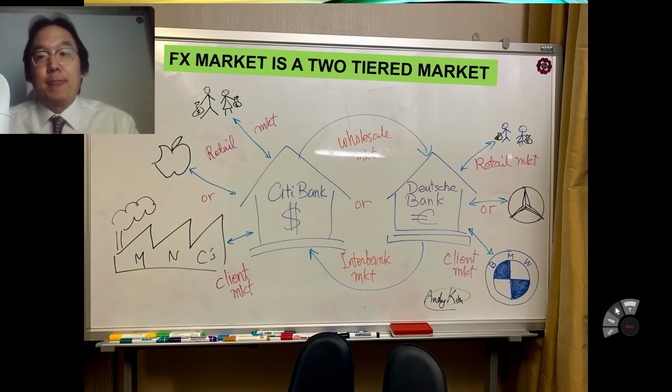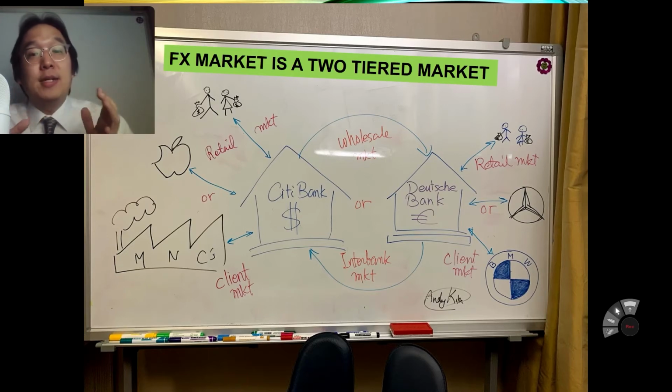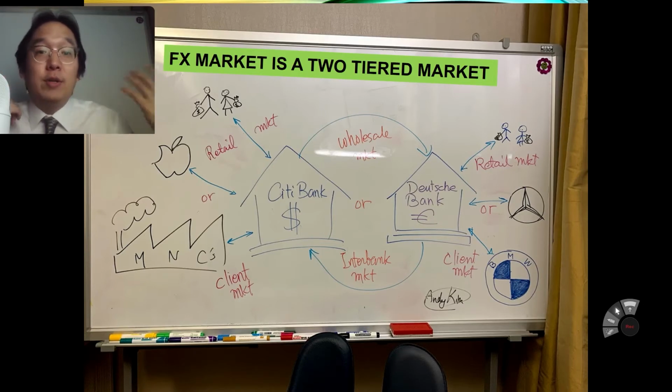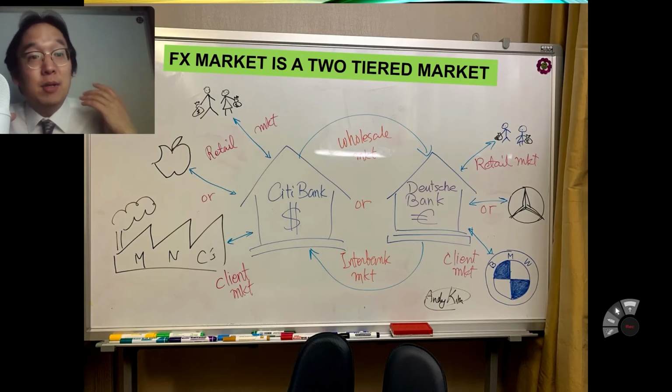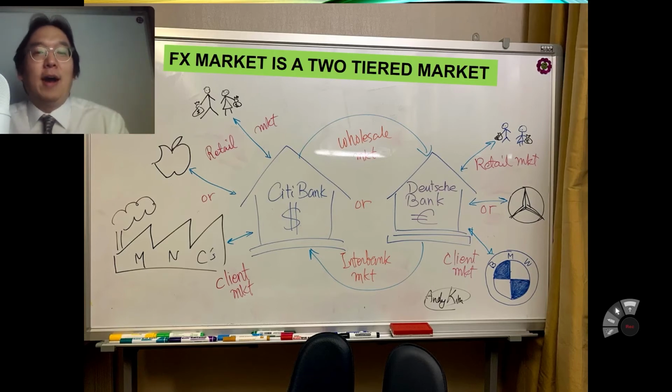Interbank market. And the other tier is something called the retail market or client market. Okay, retail or client market. So in the US, Citibank is there, but they also buy and sell foreign currencies and domestic currencies with retail clients, for example you and me, or not, I'm in Korea, but US citizens over there, right? Individuals. Also, there must be some corporations like Apple.